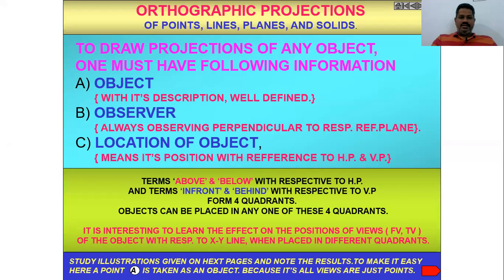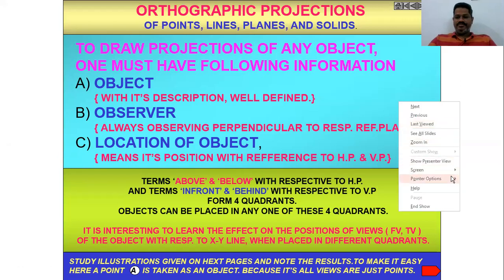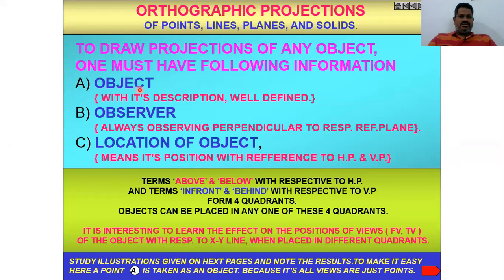Whenever we want to draw the orthographic projections of points, lines, and planes, as well as solids, we require some data. The data is the description or the definition of the object. The description means the size of the object. For example, if we are drawing the orthographic projection of a line, we require the length of the line.